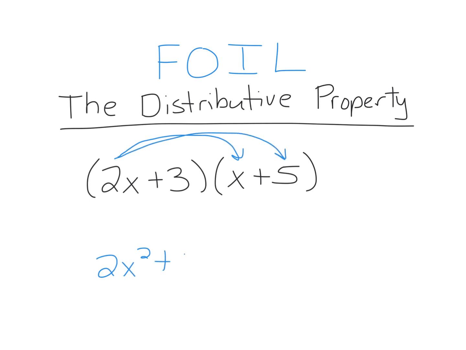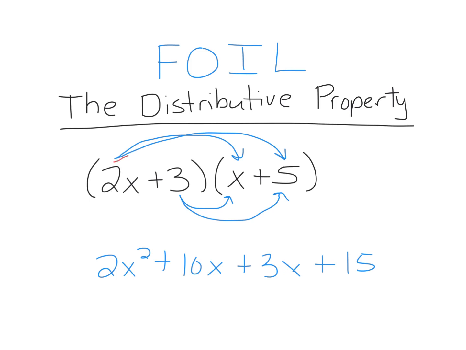So I get 10x. Now I want to do the same thing with my other term. I'm going to take 3 times x, 3x, and then 3 times 5, which is 15.